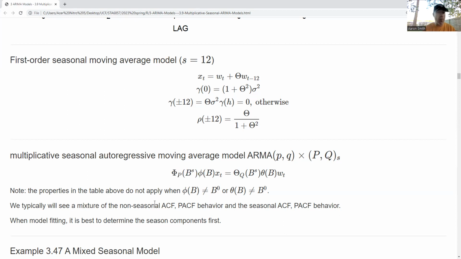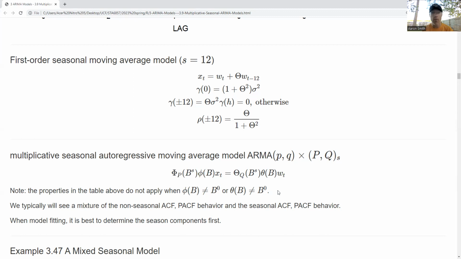Now, the properties of the table above don't apply when the regular autoregressive is not equal to a constant value, which we represent with 1, or the regular moving average component is not equal to a constant itself.